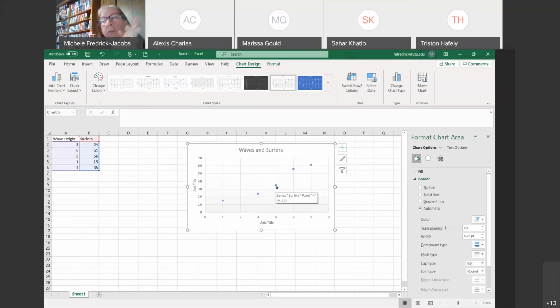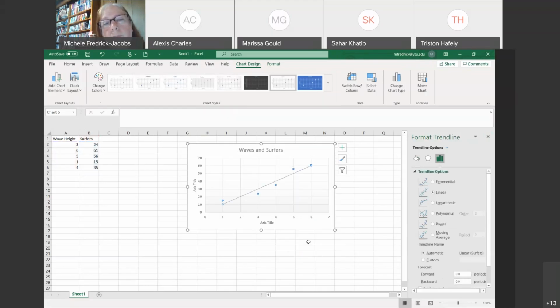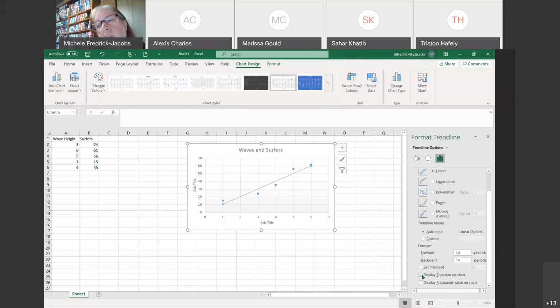Sometimes that also works for your trend line. If you go to one of the points and right click, it will bring this up, and you can add your trend line. And then it brings this up to get your equations.